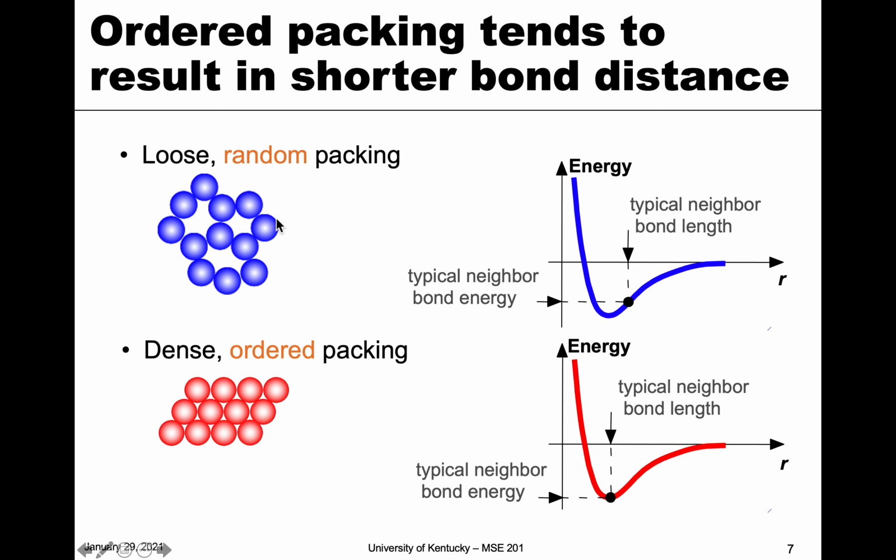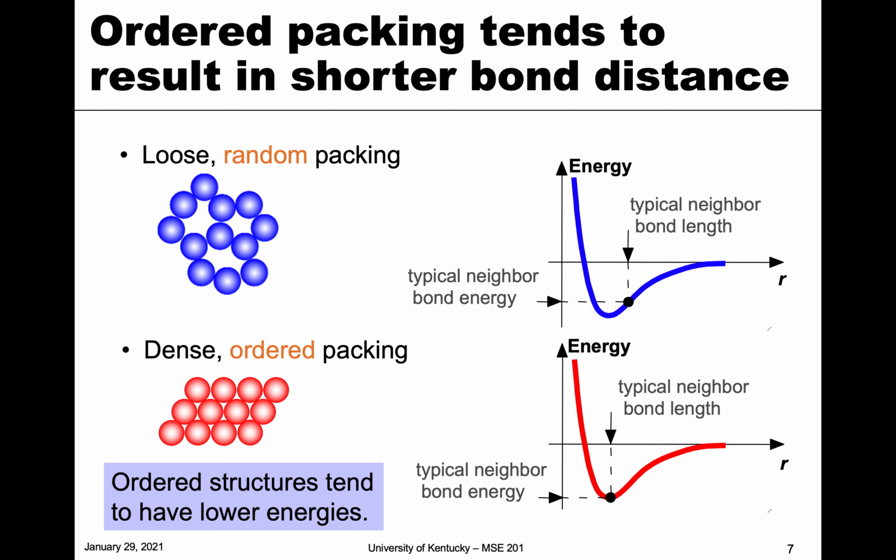If we compare the two, with loose random, there tends to be greater distance between two spheres, and therefore it's at a higher separation distance r, and so it's more to the right. And then for dense ordered, the balls are closer together, so that bond distance is shorter, and it's in that energy well. That relates back to what we talked about in bonding. So this is the ball pit, this is the cannonball piles.